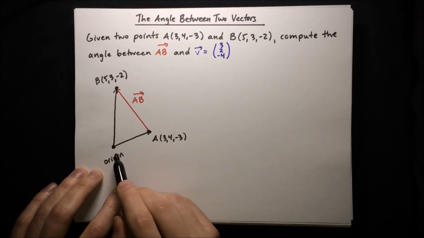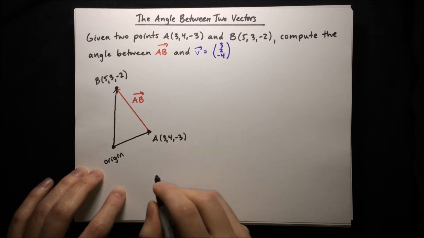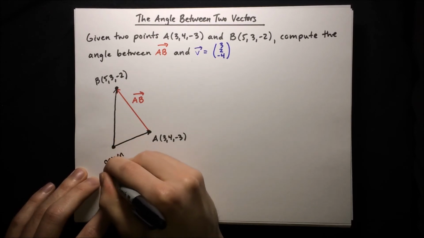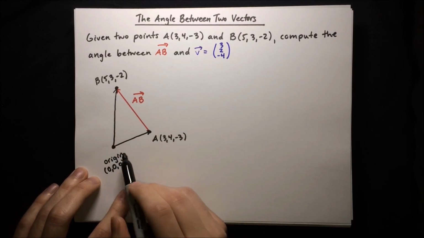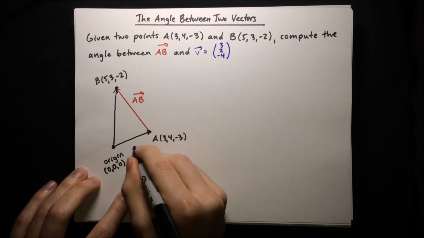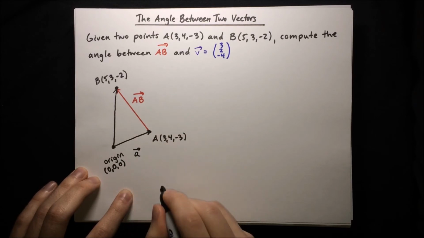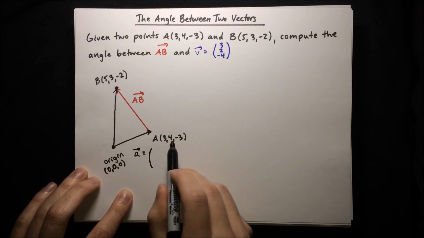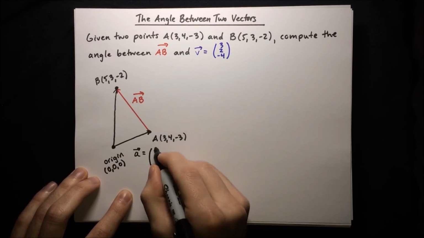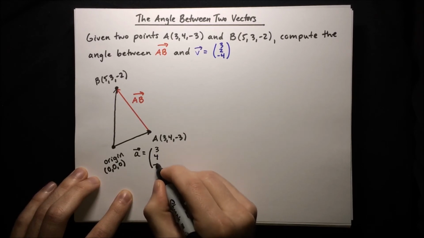So first of all, the vector that goes to A. Well, the origin is just the point 0, 0, 0, and then the vector that goes to A, we'll call that A, lowercase a, and that's just the coordinates of A as a point written inside of a vector. So 3, 4, negative 3.